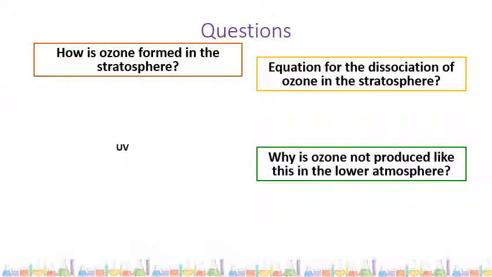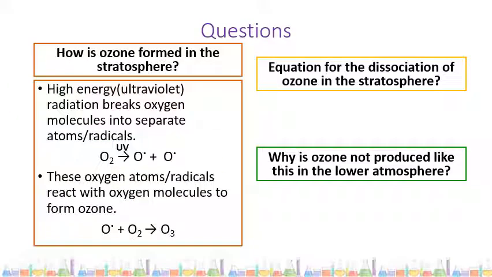So more questions. How is ozone formed in the stratosphere? High energy or UV radiation breaks oxygen molecules into separate atoms or free radicals. These then react with other oxygen molecules to form ozone. That's basically what you need to know from what we said earlier on.